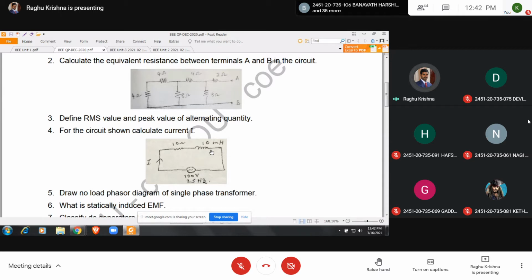So calculate this one. How much value did you get? XL is 1.57 ohms.